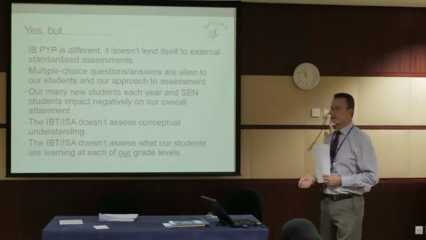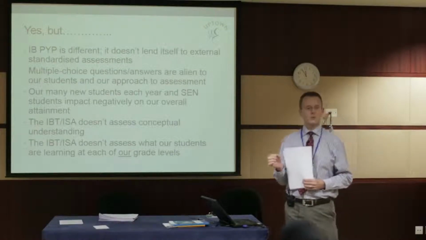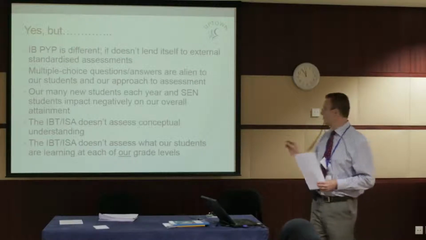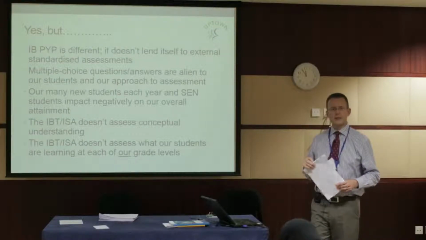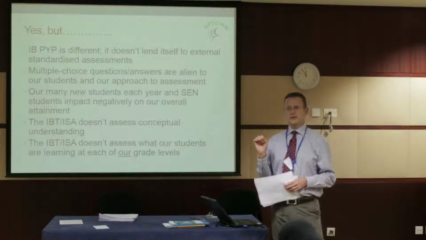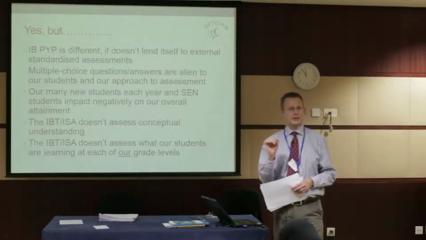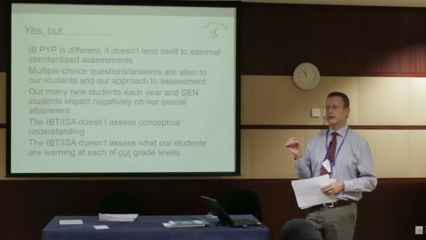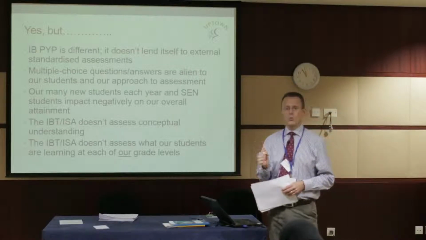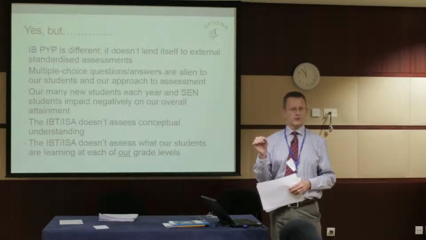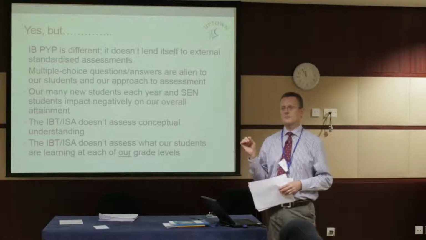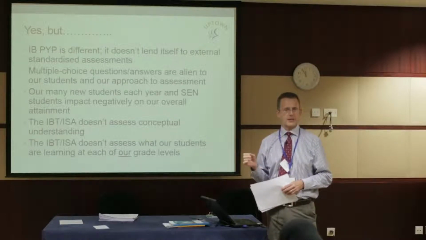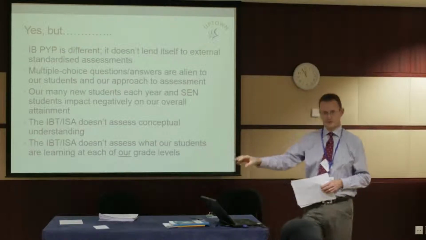And the last one, which really for us was very, very important, was the IBT ISA doesn't assess what our students are learning. Well, the ISA is drawn from looking, comparatively across the world, at curricula in mathematics, saying, what should a 10-year-old know, understand, and be able to do in each of the strands in mathematics? It's not drawn from just one little pocket.